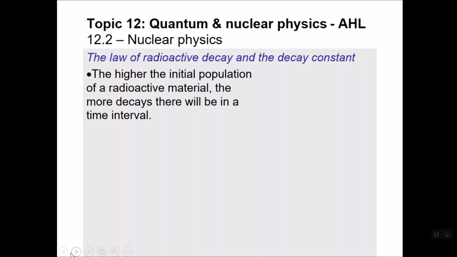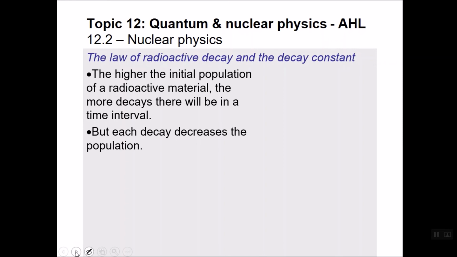All right, so let's talk about decay. We talked about the half-life in SL, and we're going to keep talking about that, but let's talk a little bit more about what's happening, a little bit more conceptual, and apply that a little bit. Every time you have a population, it's got a half-life and it's decaying, and as it's decaying, the population is getting smaller.